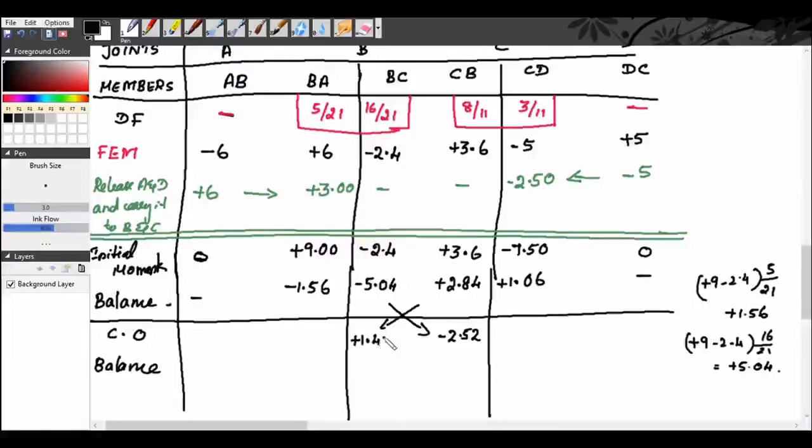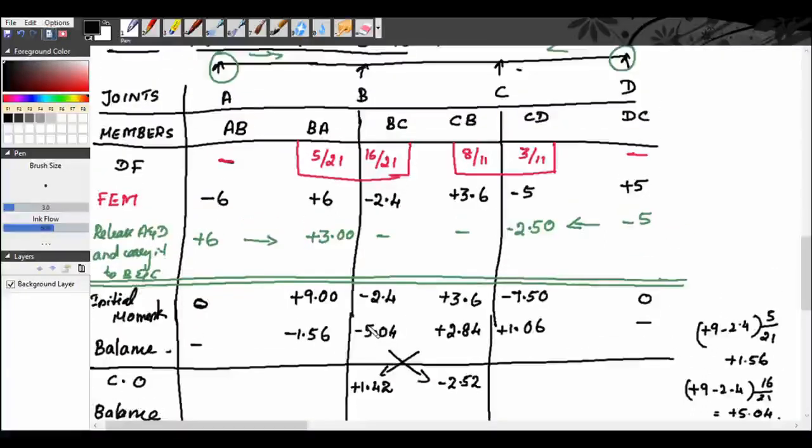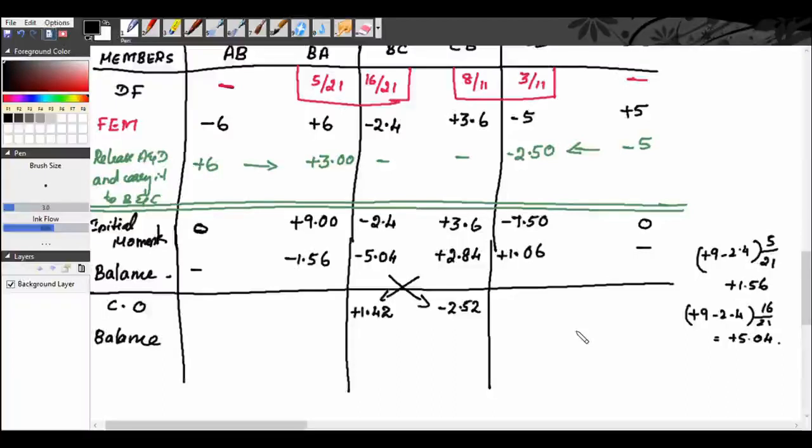So minus 5.04 divided by 2, we get minus 2.52. Similarly, plus 2.84 divided by 2, we get 1.42. Now, from CD it cannot transfer to DC because it is hinged support. So from DC, there is no moment. So that's all. Okay. So at all the remaining places, there are no carryover moments.